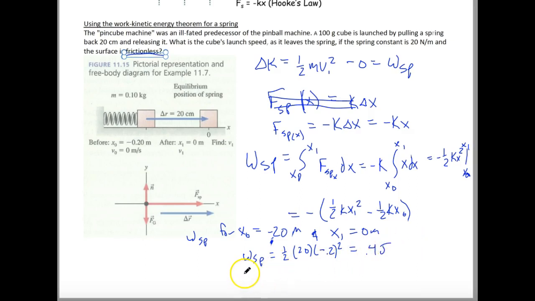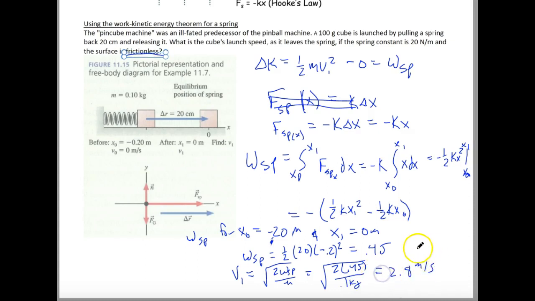If I want to know the speed, the speed at position 1 will be equal to the square root of 2 times the work done by the spring, all divided by the mass, and we did this earlier in terms of finding that equation. So that's equal to the square root of 2 times 0.4 joules, all divided by 0.1 kilograms, and you'll end up with 2.8 meters per second.